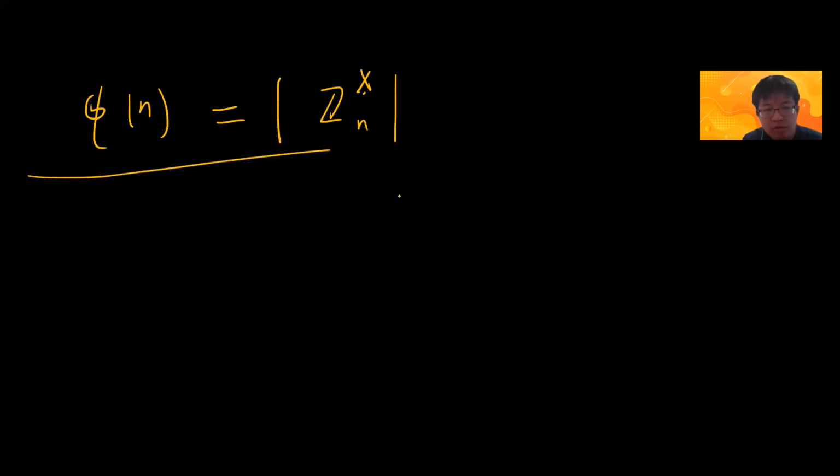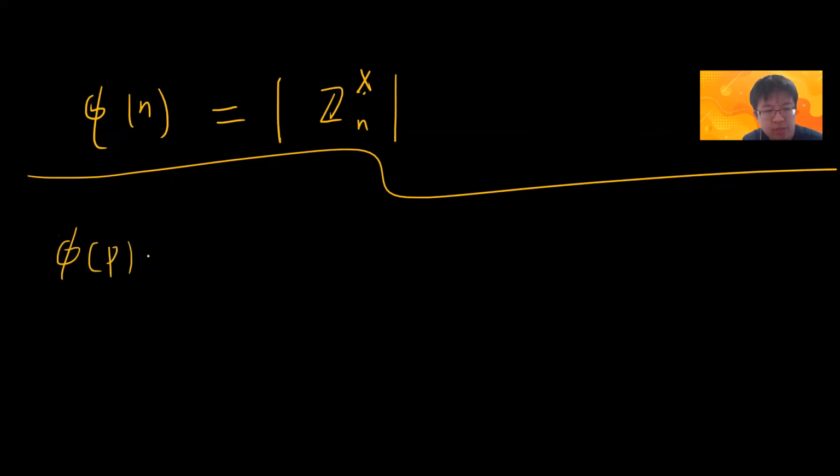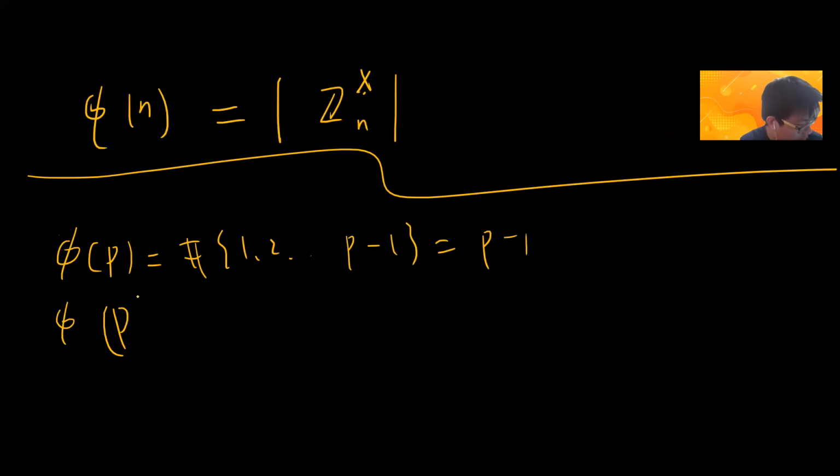Okay, so let me tell you the usual computation. When p is prime, obviously phi of p will be 1 to p minus 1, so just p minus 1. How about phi of p^m, a prime power?